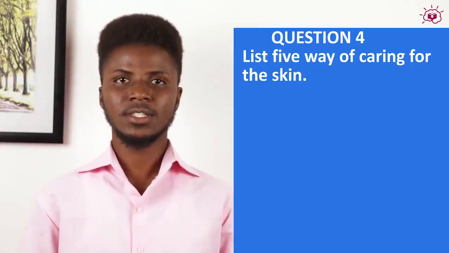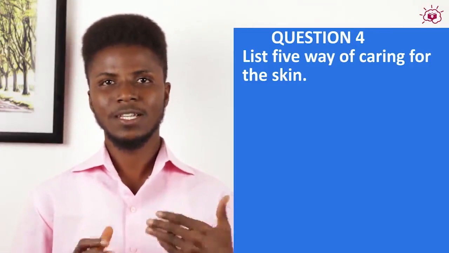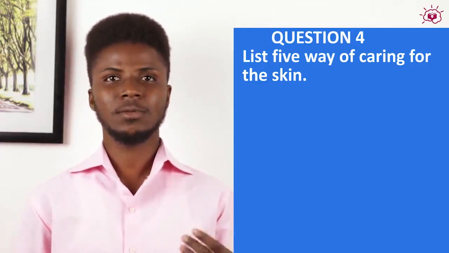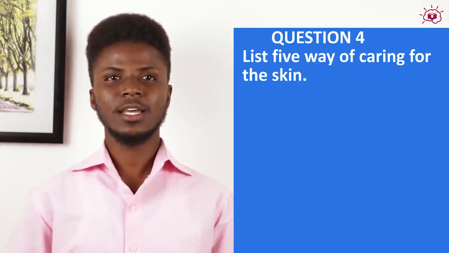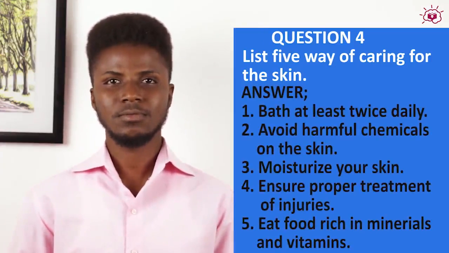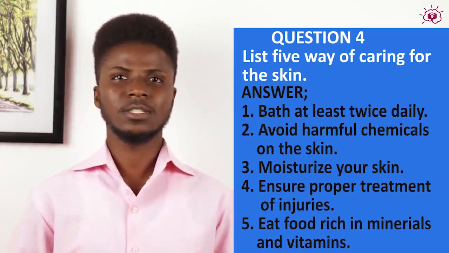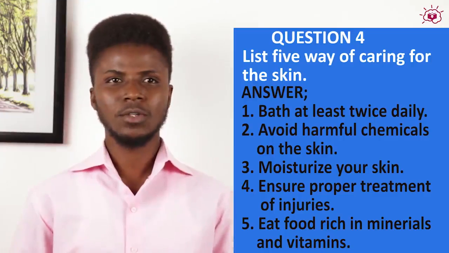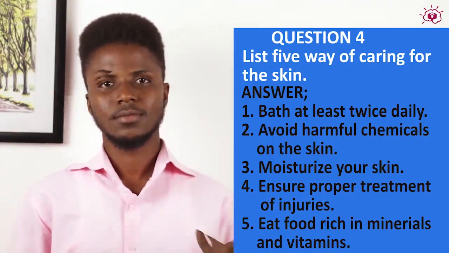Another question is, list 5 ways of caring for the skin. The skin, as you know, is a very important organ and needs to be taken care of, being the external organ of the body. It can be cared for by having a bath at least twice daily, and avoiding harmful chemicals on your skin, for example, excessive use of bleaching creams and so on.